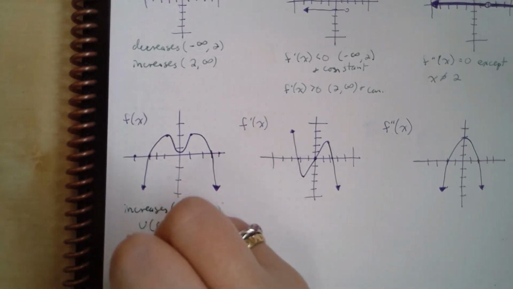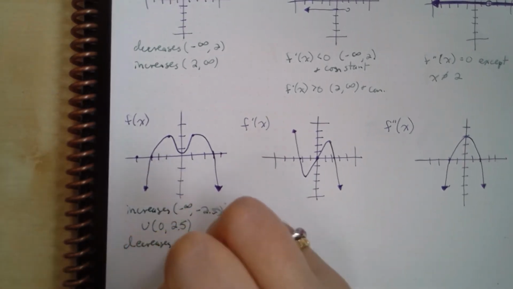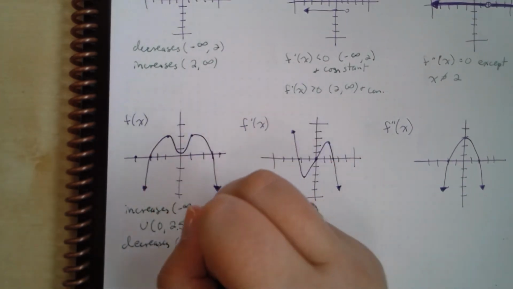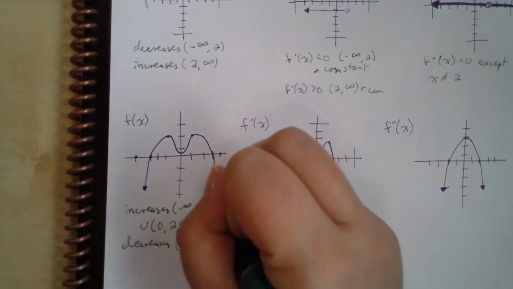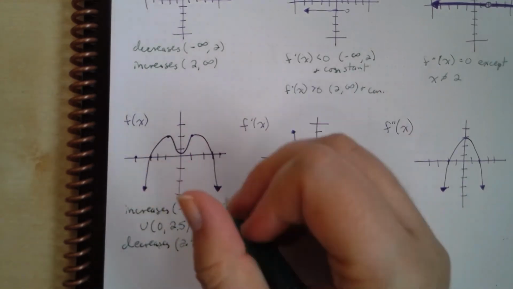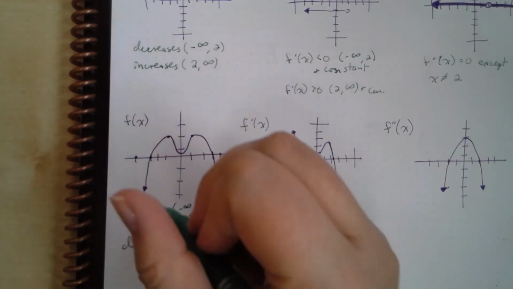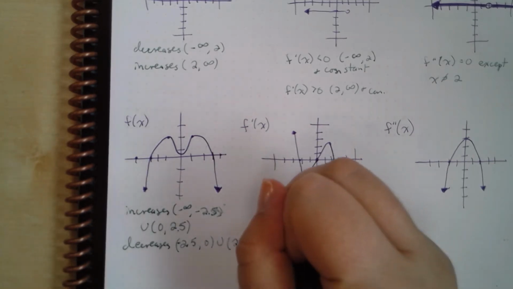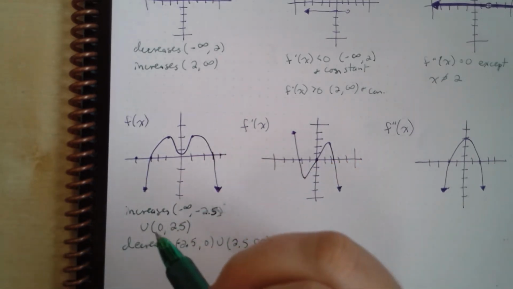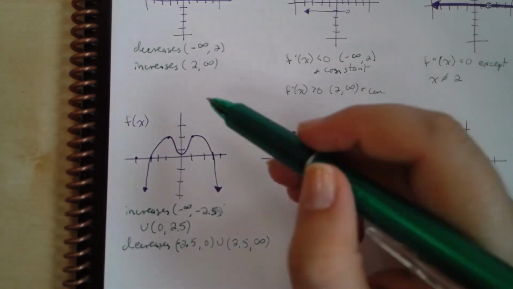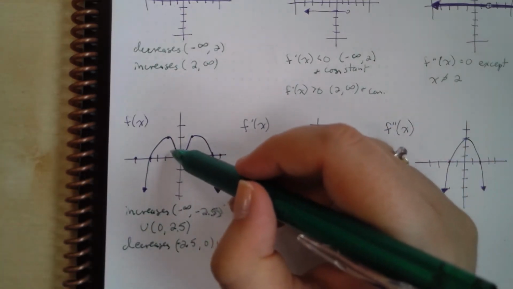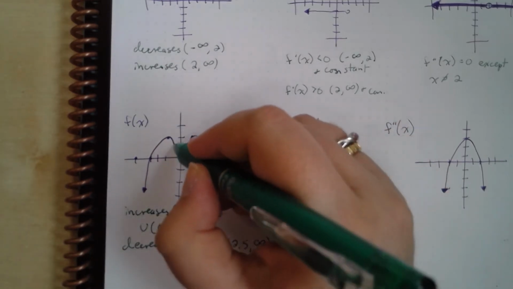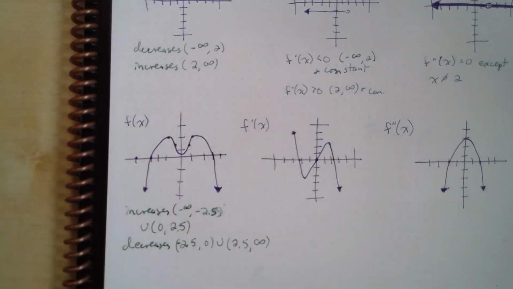And it decreases from 2.5 to 0, and then again, from 2.5, oh, this should be a negative 2.5, excuse me, to infinity, right? And then at negative 1, 1, what do we have going on there? Well, we've got these points of inflection here.